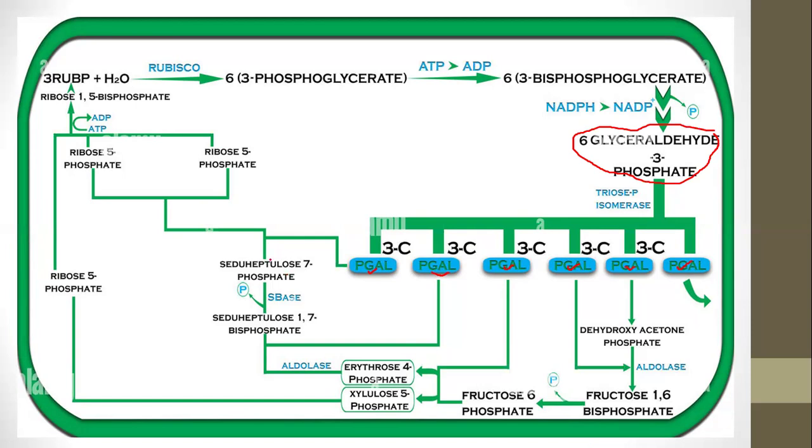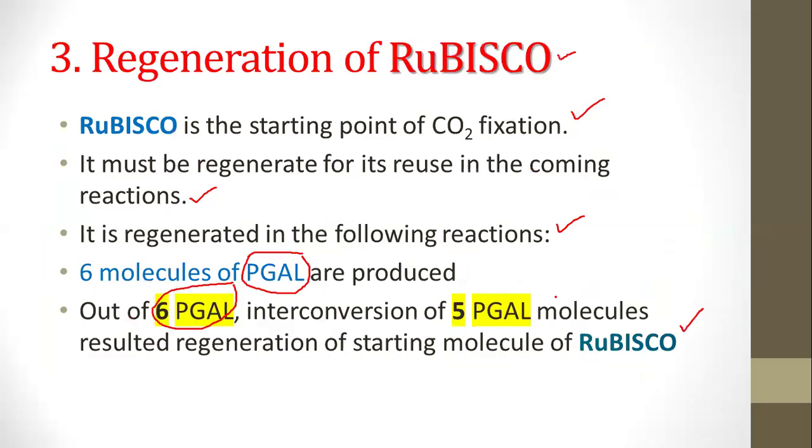They produce the final product, ribulose 1,5 bisphosphate. This is the final product of the interconversion of the 5 PGAL molecules.